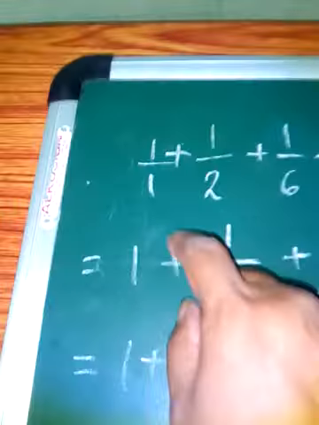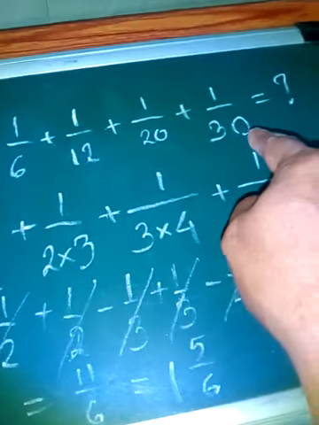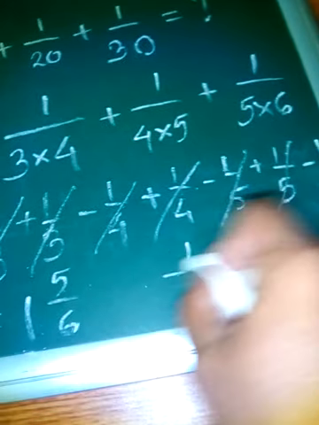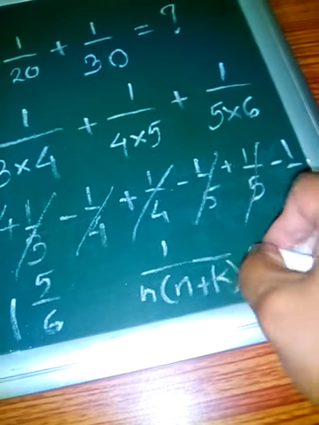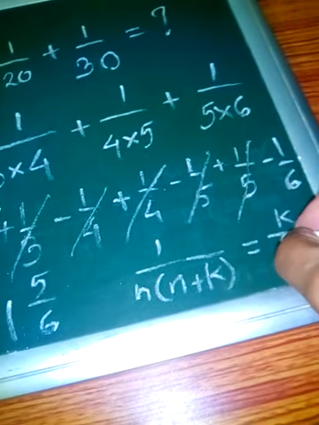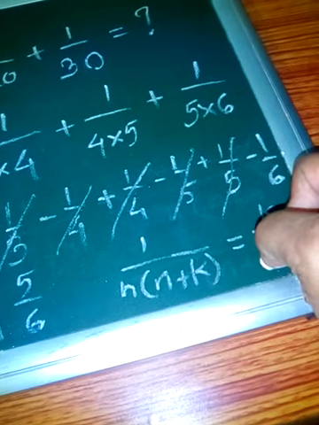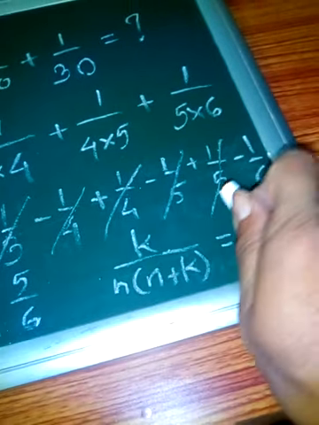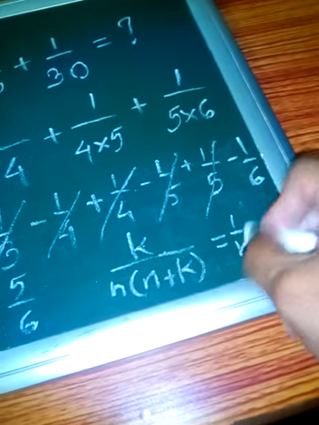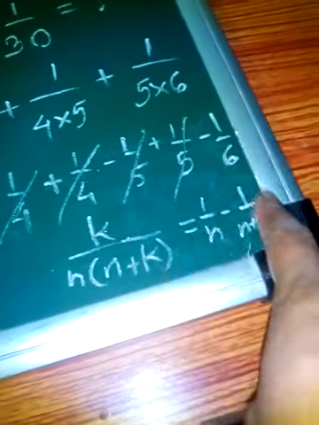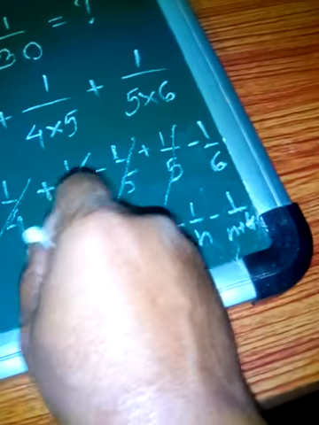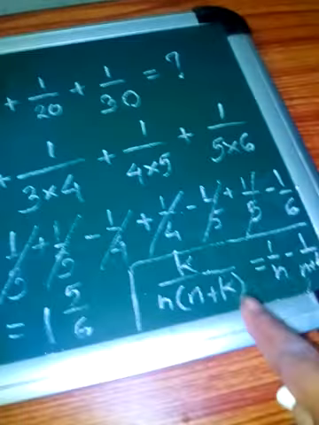So easily we could do this sum only because of one single observation. What is that? 1 upon n into n plus k is equal to 1 upon k times (1 by n minus 1 by n plus k), and in this sum this k is 1.